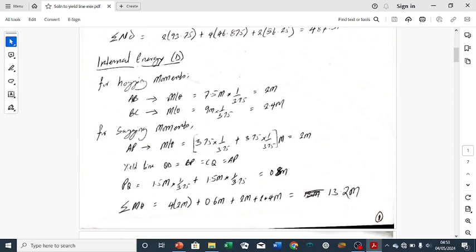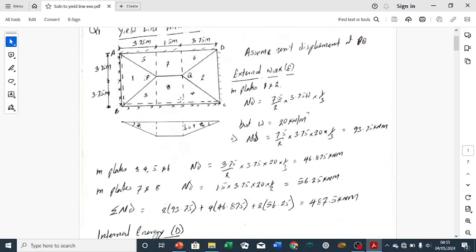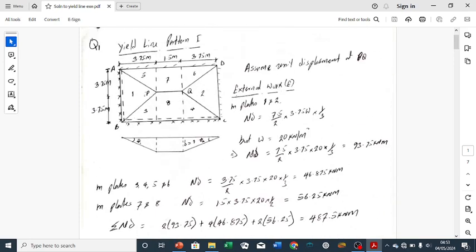And the formula for those yield lines is M L theta, where M is the moment capacity. In this case, it is unknown, L is the length of the yield line, and theta is the angle of rotation. So we go ahead for yield line AB.